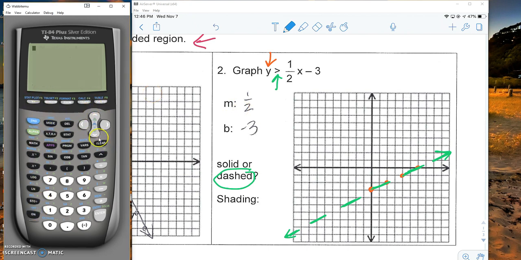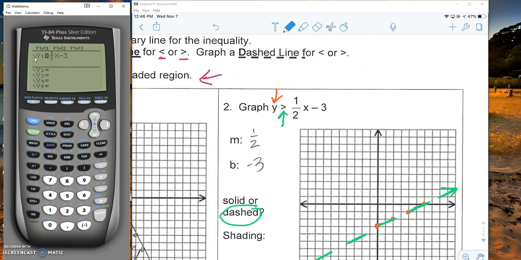So what I'm going to do in my calculator is go to y equals, and I'm going to plug in this inequality like I see it. So I have a fraction of 1/2 x minus 3. Now, before I click graph, I'm going to scroll all the way to the left until this little arrow or backslash is flashing.